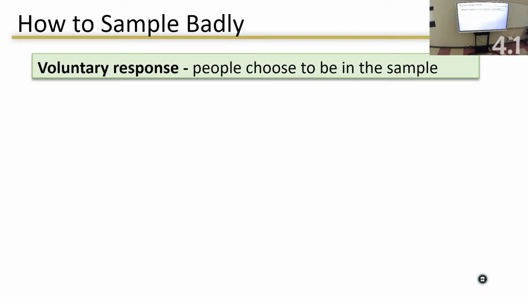Now, voluntary is done a lot. It's okay to use voluntary. You just have to be careful about who your population is. So I need students to figure out how good a shape they're in. I'm going to test your heart rate, have you run 2 miles, come back, and test your heart rate again.